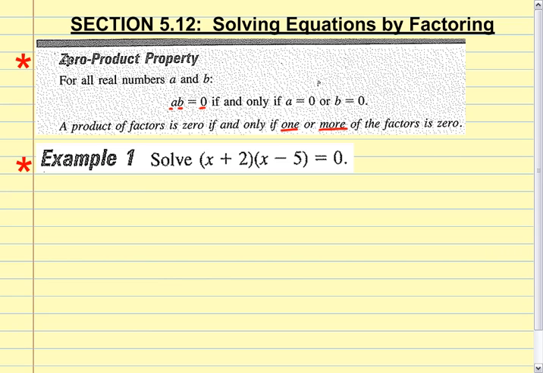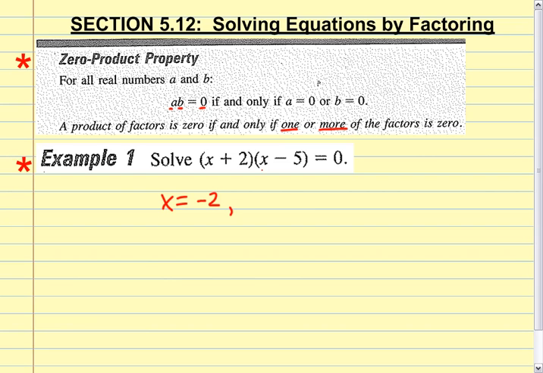Okay. Well, wait a minute. What would make this first one equal 0? What value for x would make the first binomial equal 0? If x equaled what, Allie? If x equaled -2. So if x equals -2, this whole thing's 0. Now, that's not the only value that it works for.